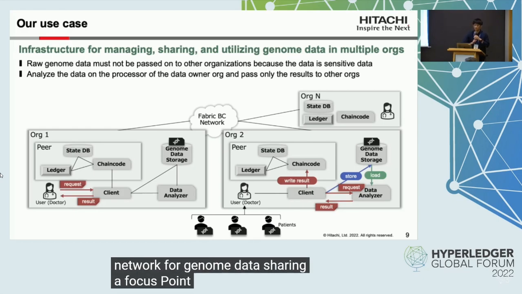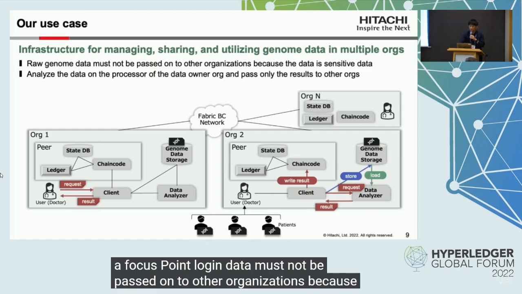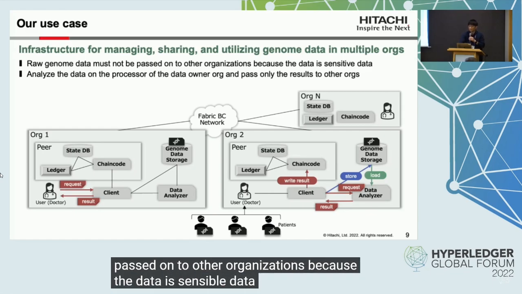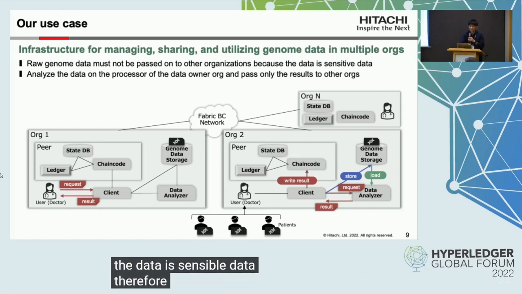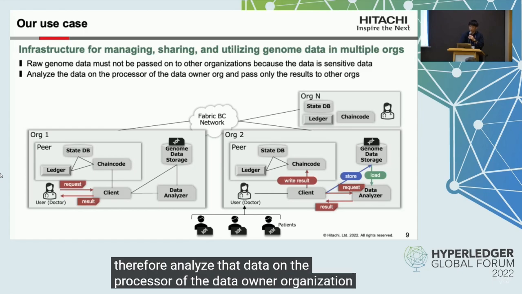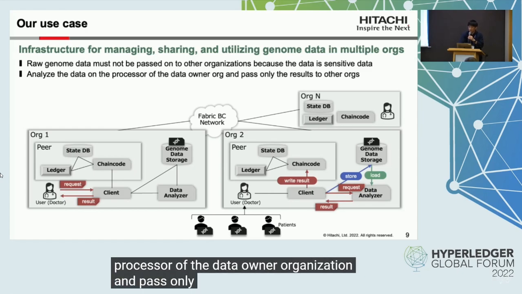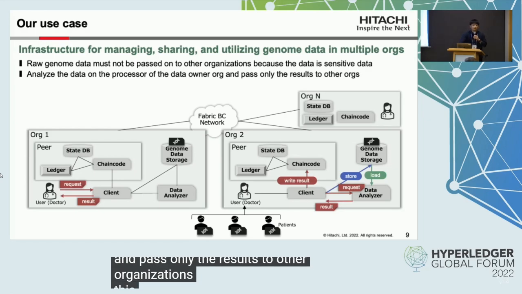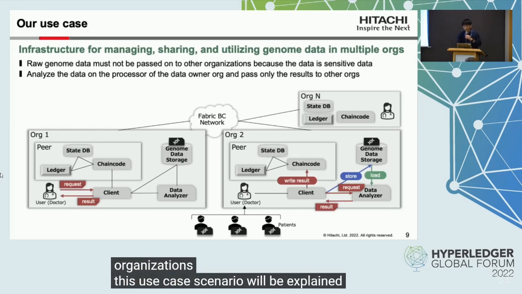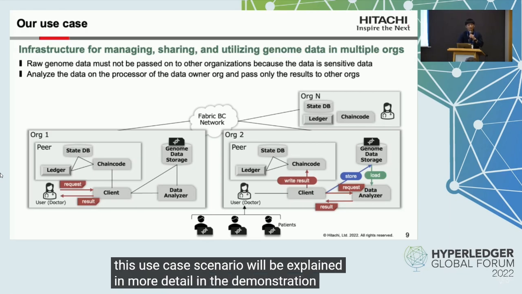A focus point: raw genome data must not be passed on to other organizations because the data is sensitive data. Therefore, analyze the data on the processor of the data owner organization and pass only the results to other organizations. This use case scenario will be explained in more detail in the demonstration section below.